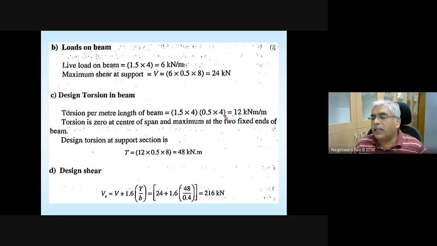That's the reason the eccentricity is taken as 0.5 times 4. So that is going to be your lever arm. This is the intensity of the load per meter run multiplied by the lever arm. So that is going to give you the torsional moment per meter run.